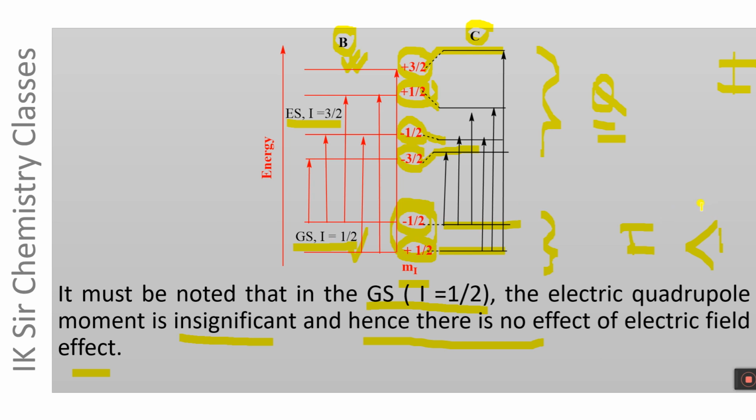In the excited state, Q is significant because I is greater than 1.